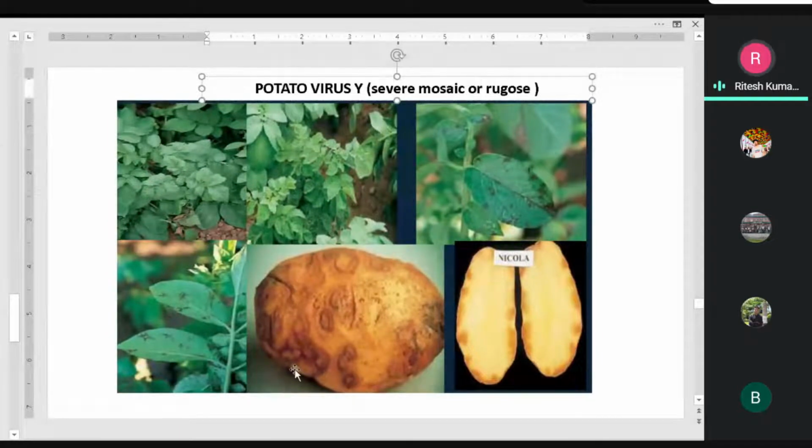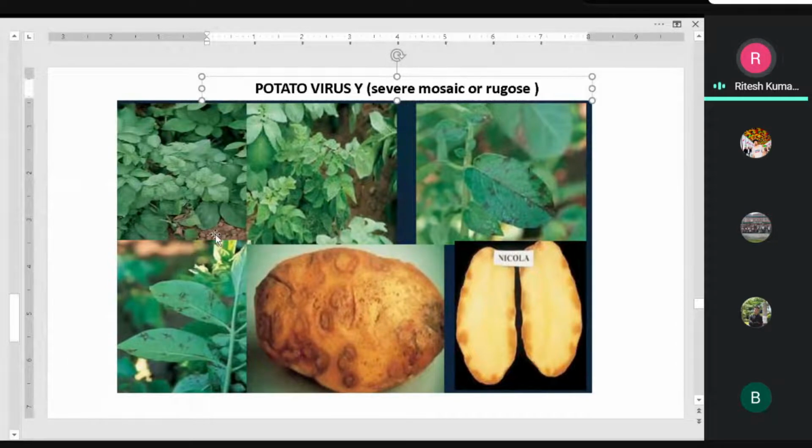So generally it causes heavy losses in association with PVX and PVY, and this is transmitted by aphid in a non-persistent manner. So vein necrosis is a very important symptom, and through necrosis it is converted into necrotic spots. It induces severe rugose or severe mosaic.